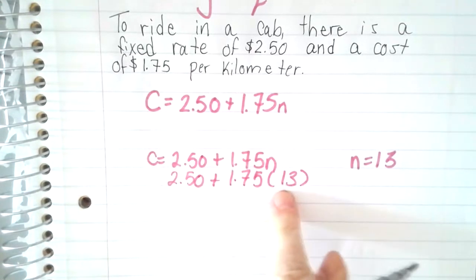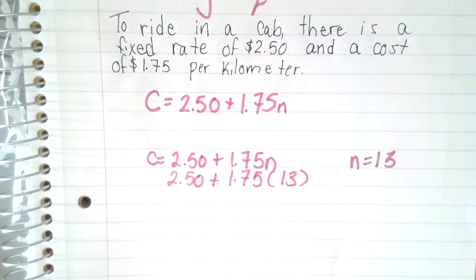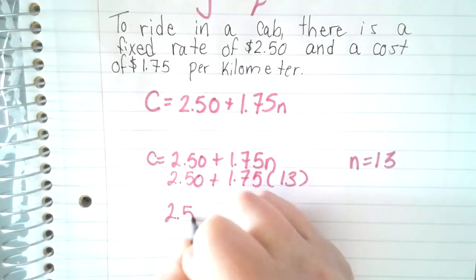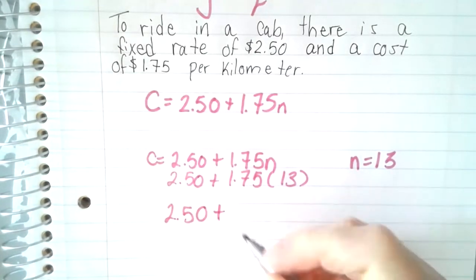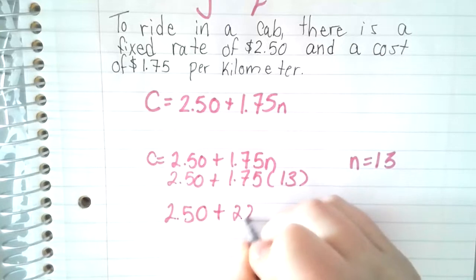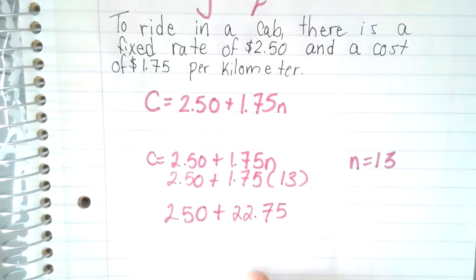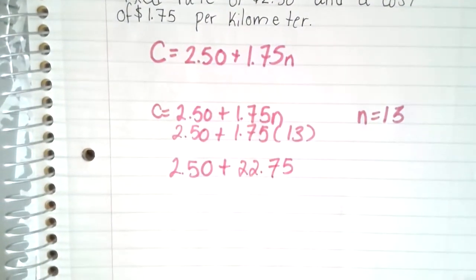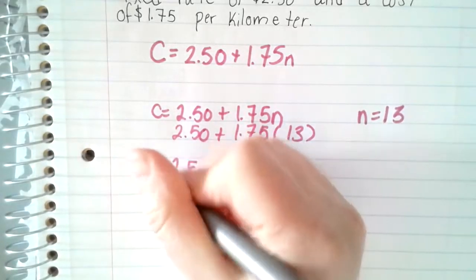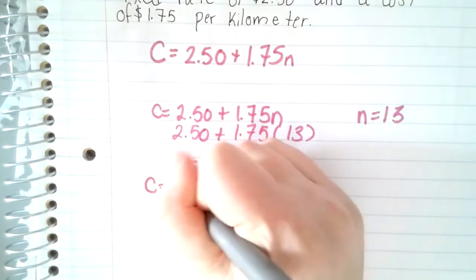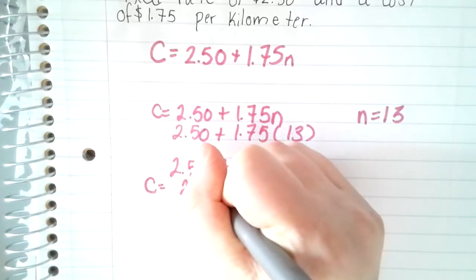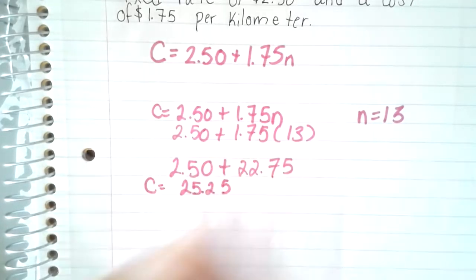So you're going to have 2.50 plus 1.75 multiplied by 13. Just as a note, this is a multiplication right here. So this is going to become $2.50 plus $22.75. And then at this point, I'm going to add them both together to figure out what my final cost for my ride is. So the cost in this case is $25.25.